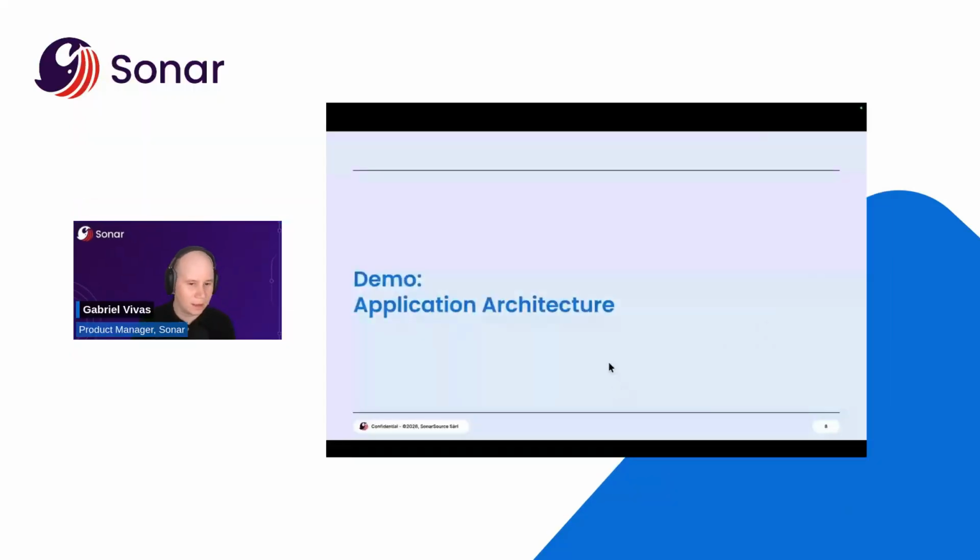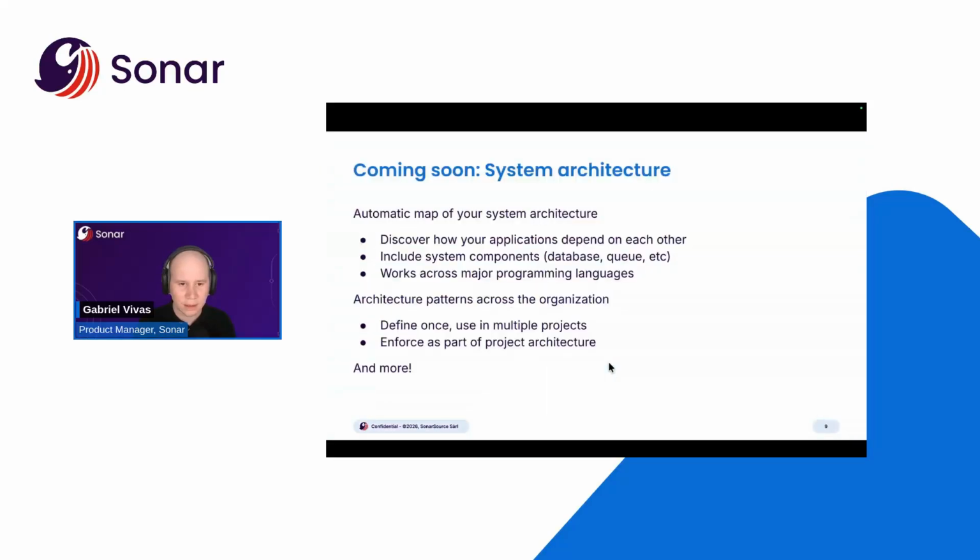There we are. So that was a demo of application architecture. And I want to just touch briefly on system architecture, because as you're seeing these nice diagrams of how the application is made up, you're probably thinking, okay, but what about all the other things across the process boundary, my database, a queue, or something else? So we're working on this too. This is coming soon. We're building an extension to what we already have in SonarQube.